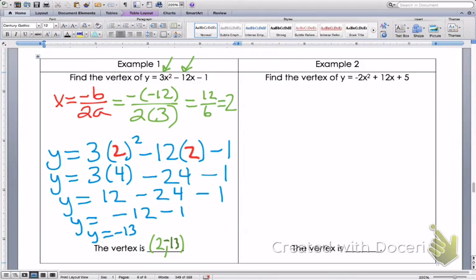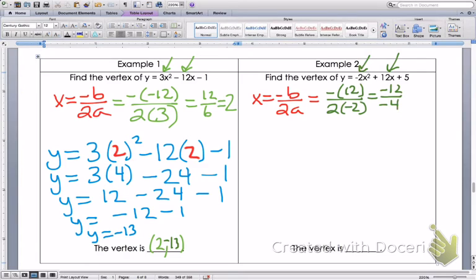All right, let's go ahead and do number 2. Let's plug it into our formula, which is a piece of the quadratic formula without the square root piece. We substitute the b, which is 12, so it's -12, all over 2 times a, which is -2. That's going to be -12 divided by -4, which simplifies to a 3. I'm going to plug it into the equation. y equals -2 blank squared plus 12 times x plus 5.